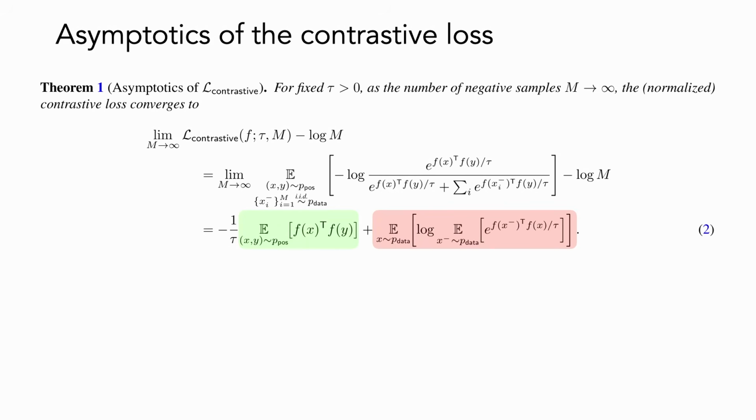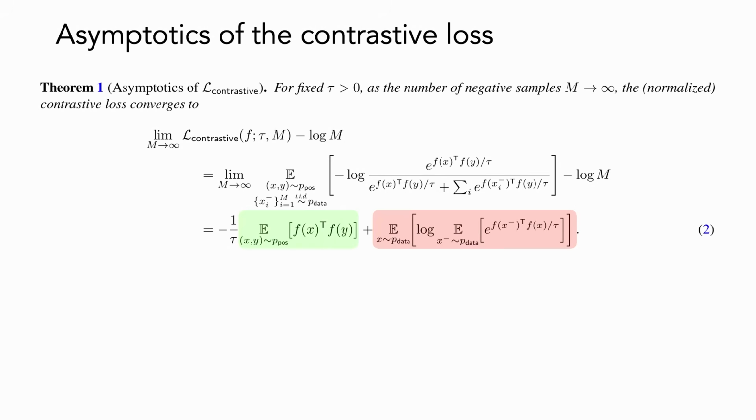Then you can reformulate this to get basically the combination of two different terms that are expectations. We're putting them here in green and in red because the first component of this gets minimized if every single point of the same category has the exact same embedding, right? Essentially, if the distance between positive pairs is just 0.